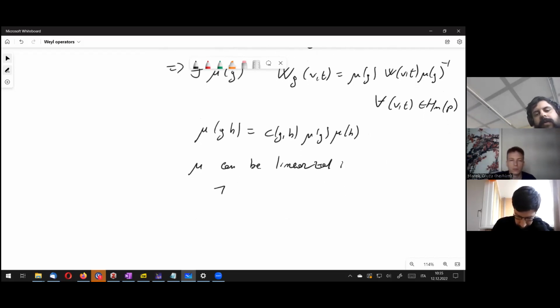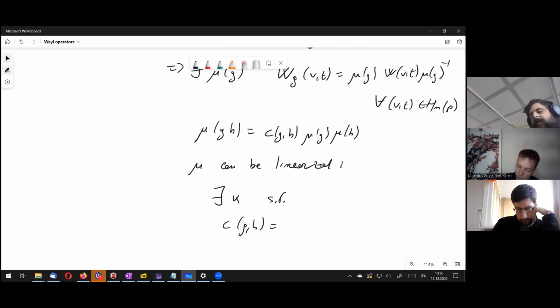There is a function k such that c of gh is equal to k of g, k of h, k of gh to the -1.